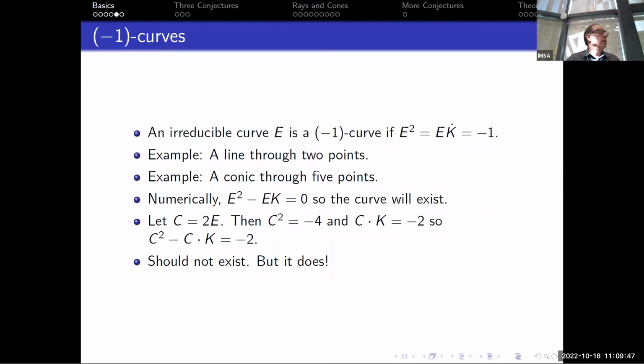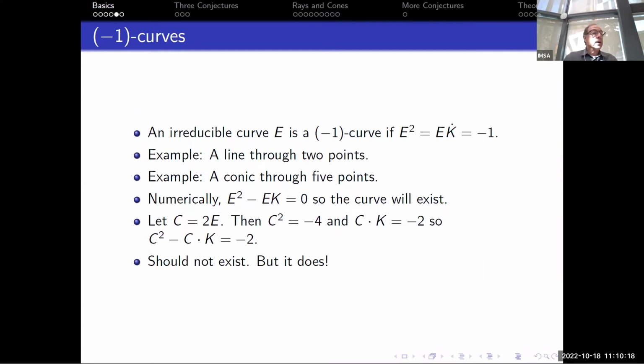If you look at the self-intersection of a curve of degree 1 with 2 points of multiplicity 1, that's a line that's forced to pass through 2 points. That's a -1 curve. A conic through 5 points, a curve of degree 2, which is forced to pass through 5 general points, is also a -1 curve if you look at the formulas for the square and the intersection with the canonical.